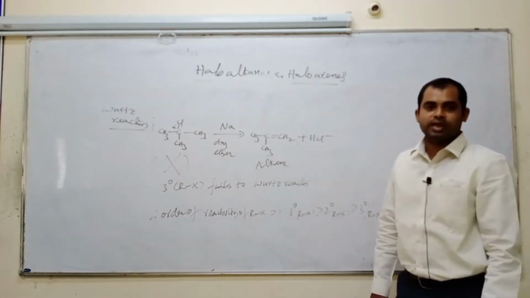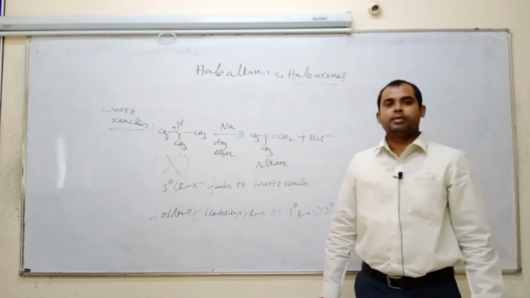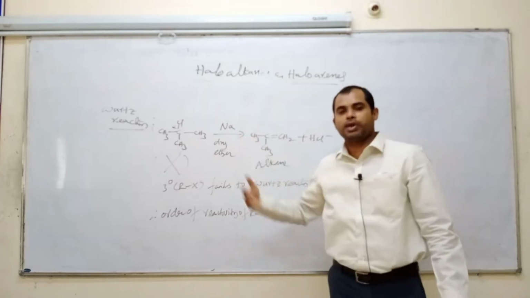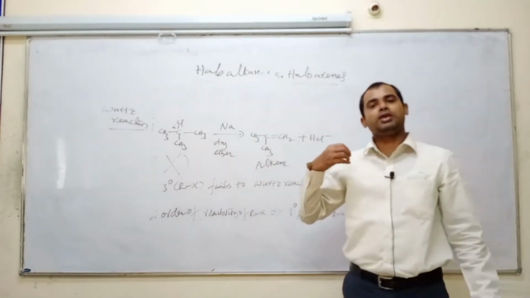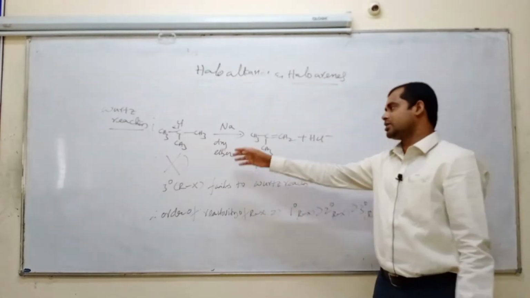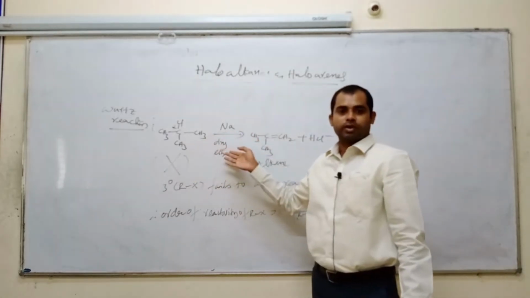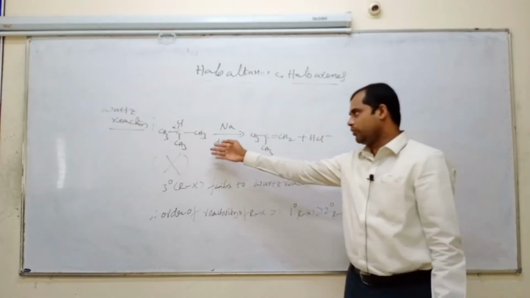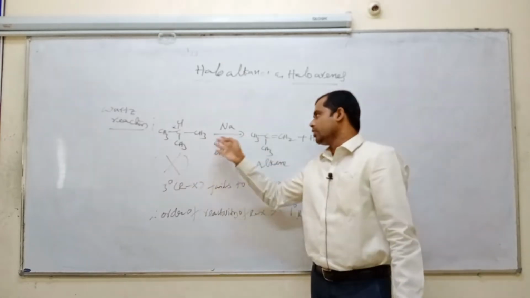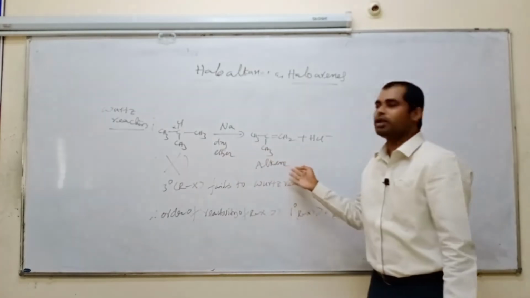So by using the Wurtz reaction we prepare the alkane, and with primary and secondary halides we can prepare the alkane. Symmetrical alkanes with an even number of carbon atoms can be obtained, whereas tertiary alkyl halides cannot undergo the Wurtz reaction, because they undergo dehydrohalogenation to form the alkene.